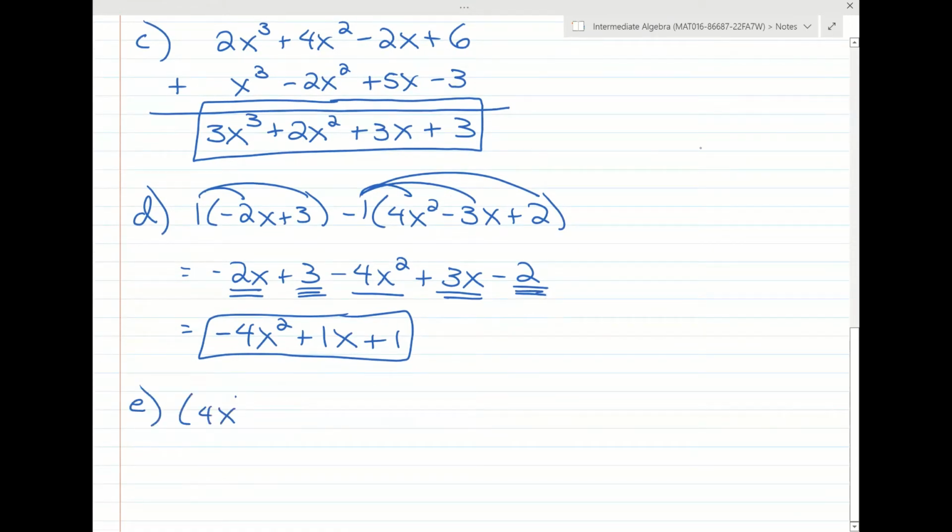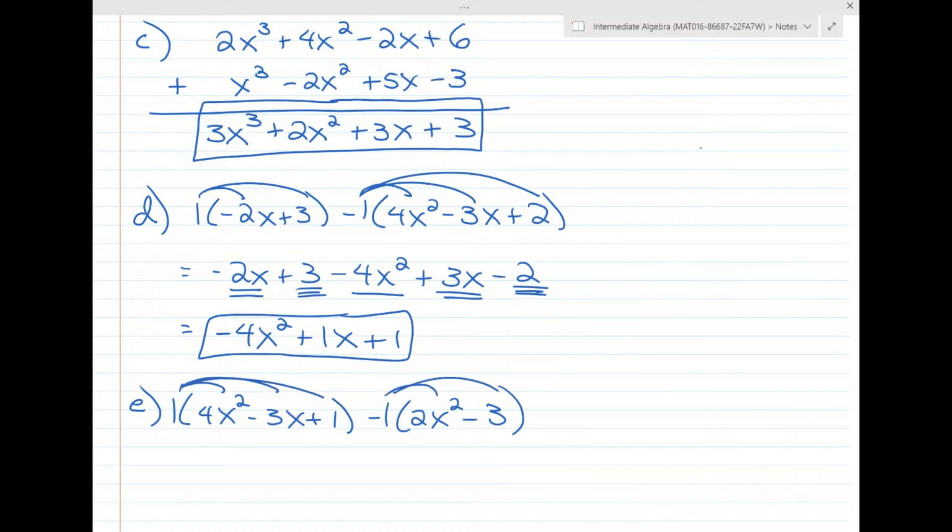Four x squared minus 3x plus 1 minus 2x squared minus 3. And similar to before, we could put a 1 in front, distribute those numbers. This is just 4x squared minus 3x plus 1 minus 2x squared plus 3.